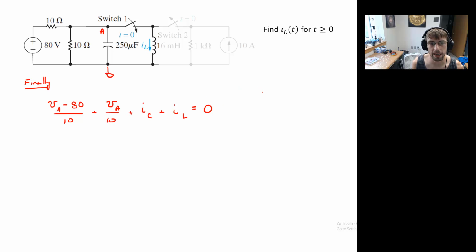Well, now we go to our handy-dandy equations. We know that because of my choices, the node potential is also the drop across the capacitor. So I can write that as Q over C, the charge on the capacitor divided by the capacitance.